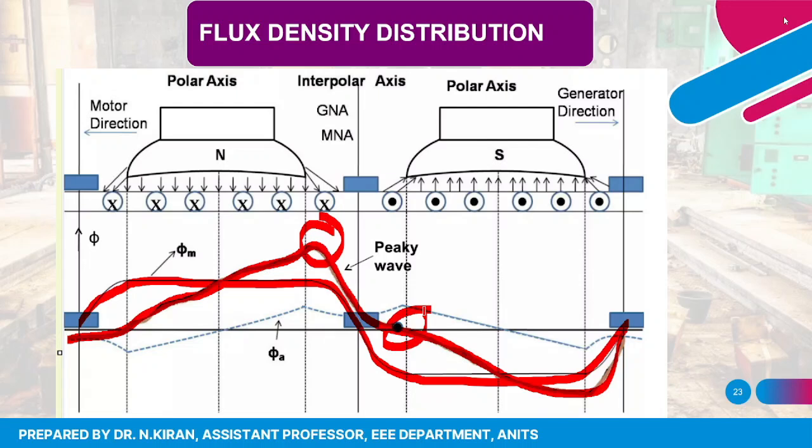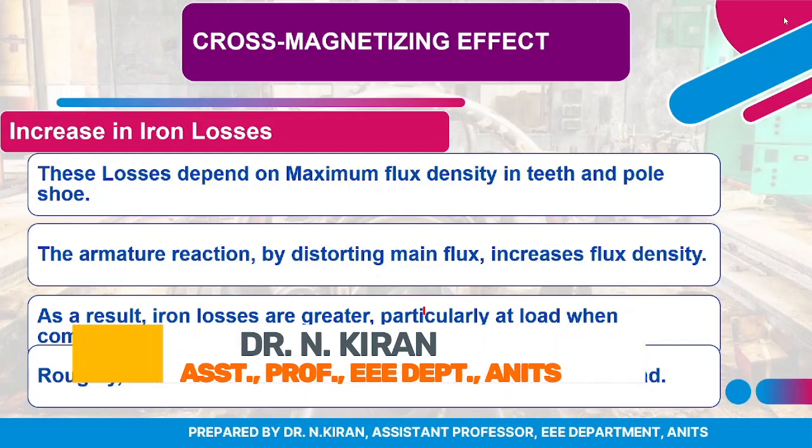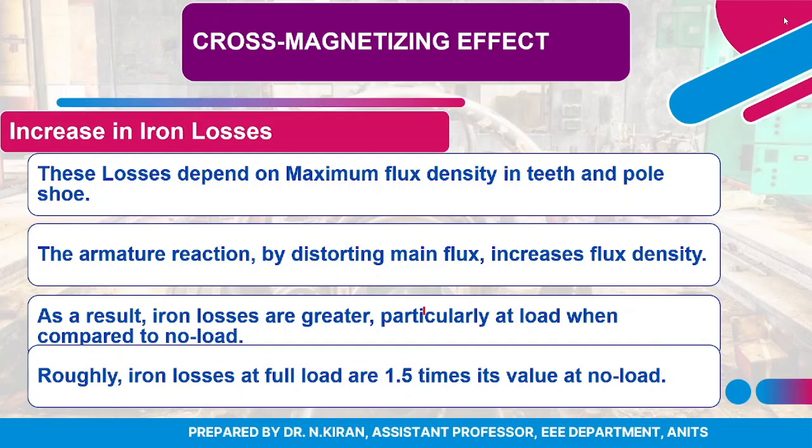So these are the two main observations regarding the waveform of flux density. Since losses depend on the maximum flux density magnitude, obviously the iron losses will be more, and particularly the losses will be more at load when compared to no load. Roughly, at full load the iron losses will be around 1.5 times the value at no load.